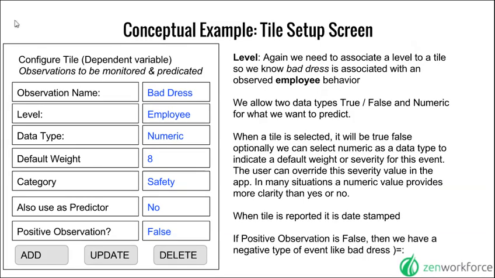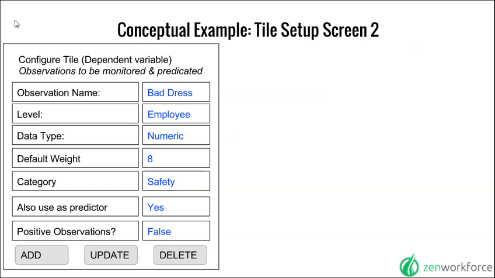If you recall in a previous slide, we asked how could we predict a safety infraction like spilled oil using bad dress as a predictor. And I said I would show you how to do it, and let's get into looking at exactly how we would do that.